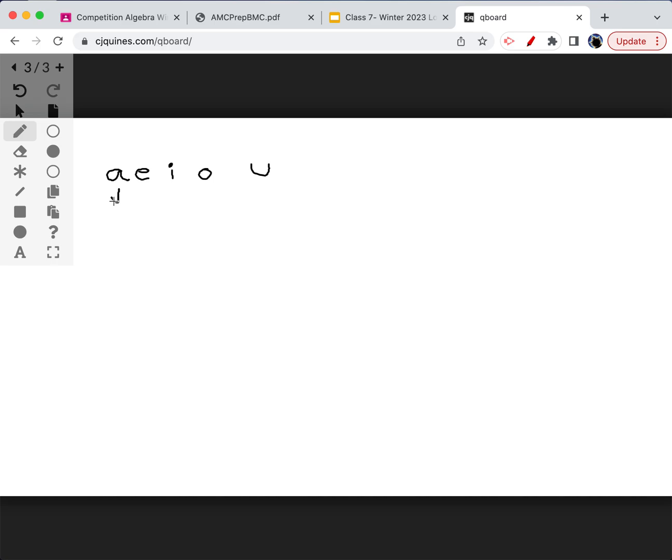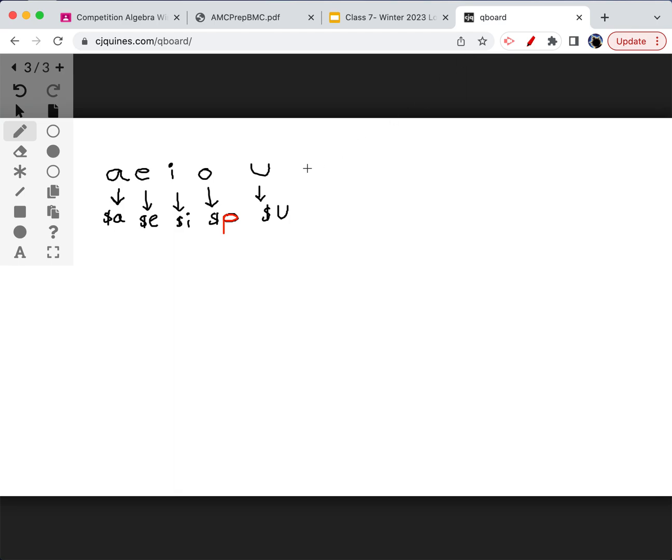And let's say that A costs $, E costs $, I costs $, O costs $, and U costs $. So this might look like a 0, so I'll just change it to P. So we say O costs $P.